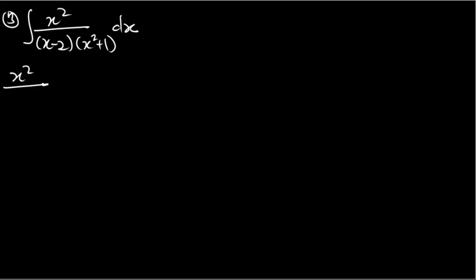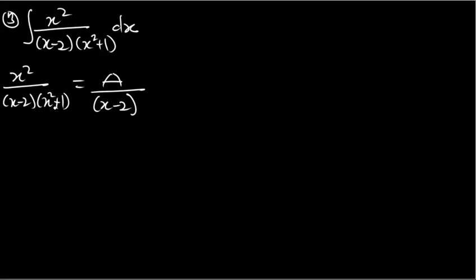Example 3. Find the integral of x squared on x minus 2, x squared plus 1 dx. So first we have to express this with what? Partial fractions. So can I say x squared on x minus 2, x squared plus 1 will be the same as, if you want to express this, it is linear, so we get our a on x minus 2.